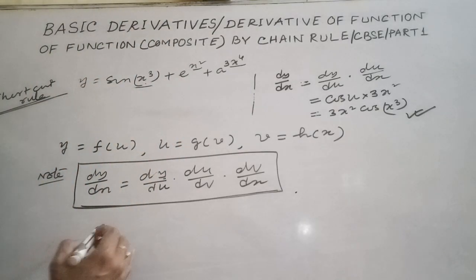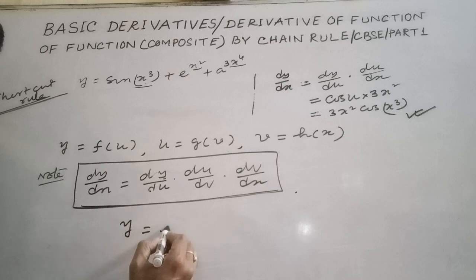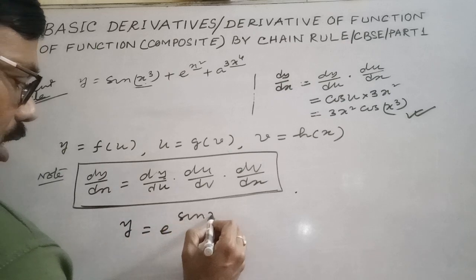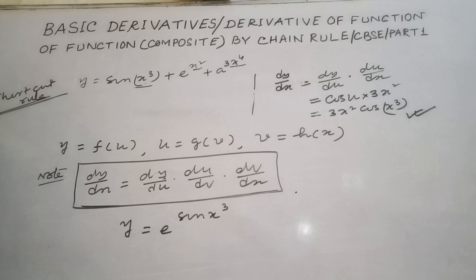So, suppose y equals e to the power sin x^3. Let v equals x^3. So, you can find dv/dx.